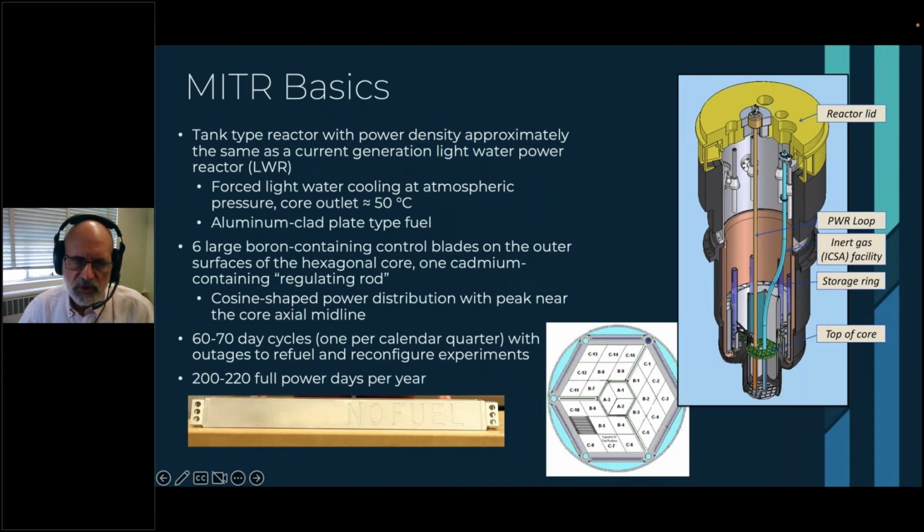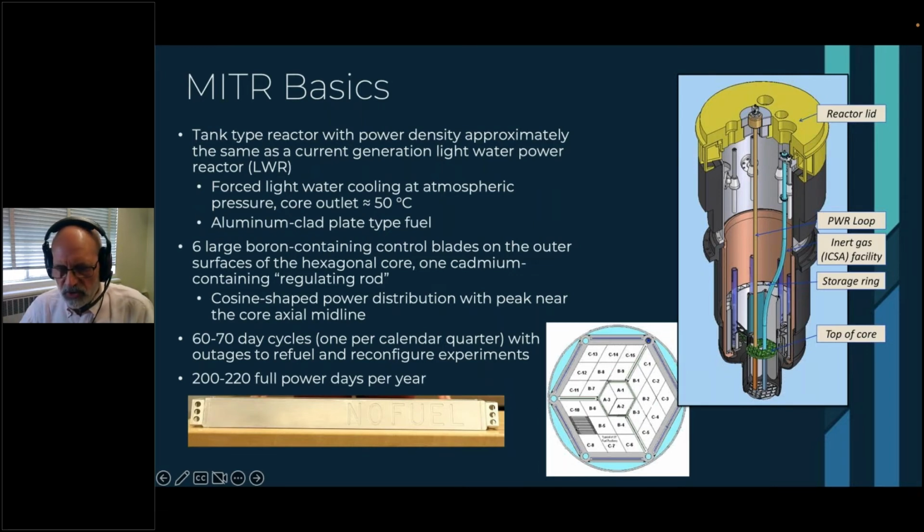So we run at atmospheric pressure, and similar to the other reactors, also a relatively low outlet temperature around 50 degrees C. We use essentially the same fuel type as ATR and HFIR, the main difference being the shape of our fuel elements, and that is essentially this rhomboidal shape that you see in the core map here. And there's a picture of what our fuel element looks like from the side, and it is about 60 centimeters long.